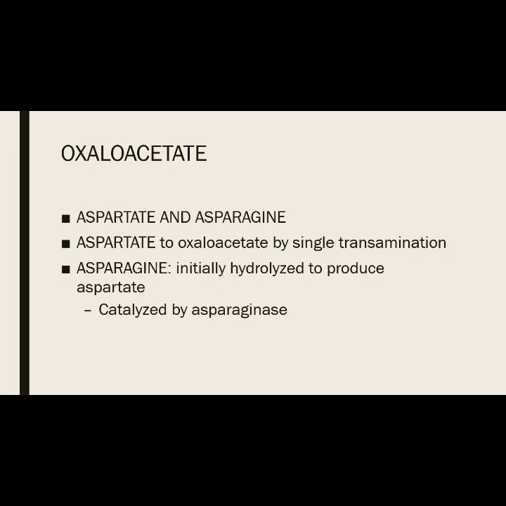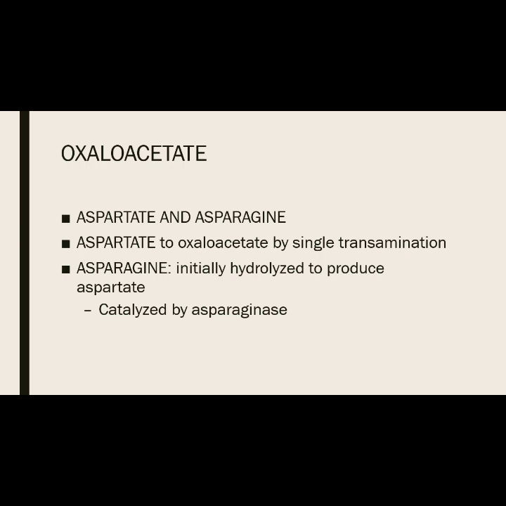But your aspartate is converted to your oxaloacetate by a single transamination reaction. While for your asparagine, it is first hydrolyzed to produce aspartate, and this aspartate is converted into oxaloacetate.